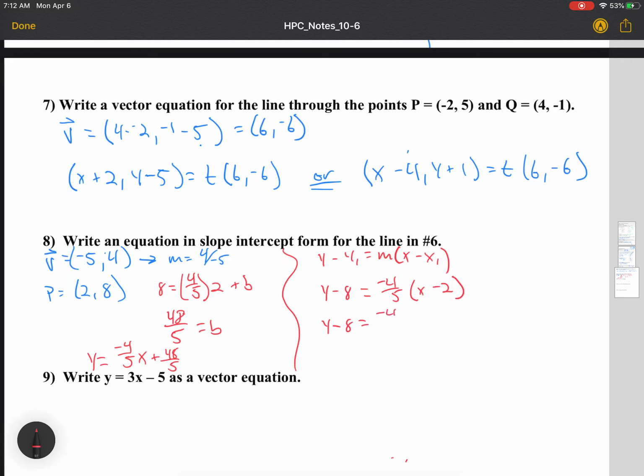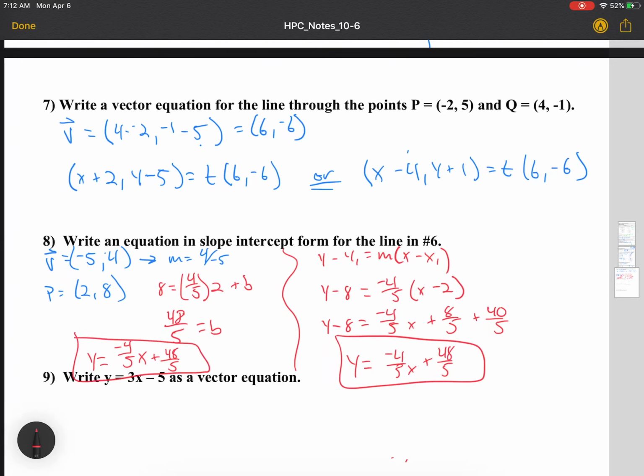Then we go y minus 8 equals negative 4/5 x plus 8 over 5. But because we distribute that, 8 times 5 over 5 also gives us plus 40 over 5. And that's how we get our final y equals negative 4/5 x plus 48 over 5.